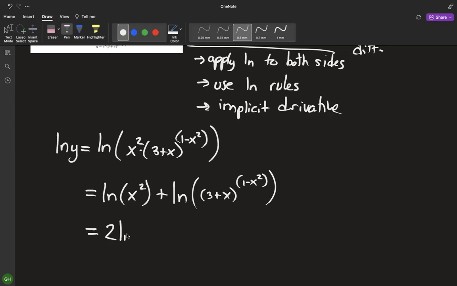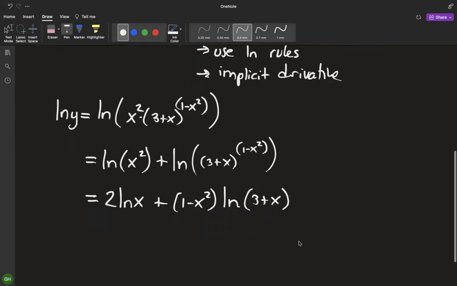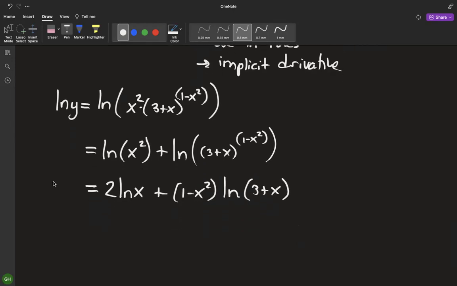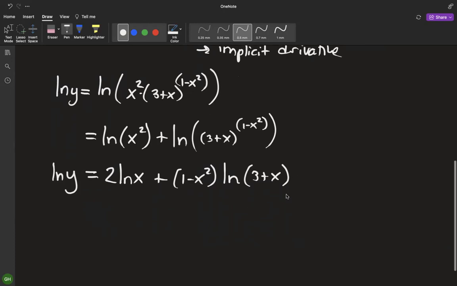So this is 2 ln x plus the power comes out front, 1 minus x squared times natural log of 3 plus x. Okay, so I've used all my log rules. All that's left to do now is take the implicit derivative.